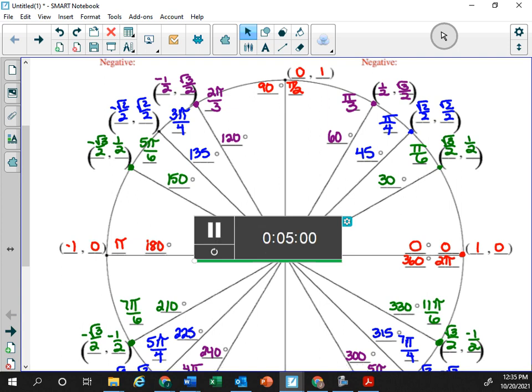Go. See what you know. Probably know a lot more than you realize. Fill in everything you can.